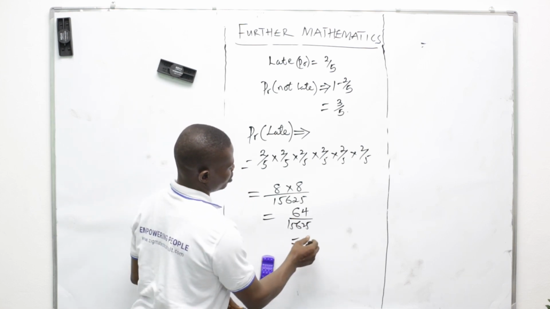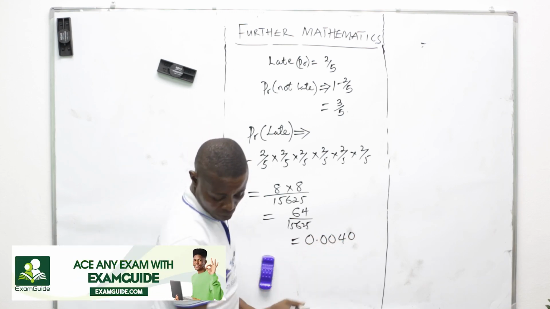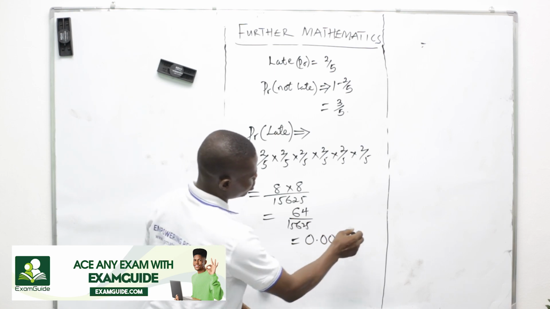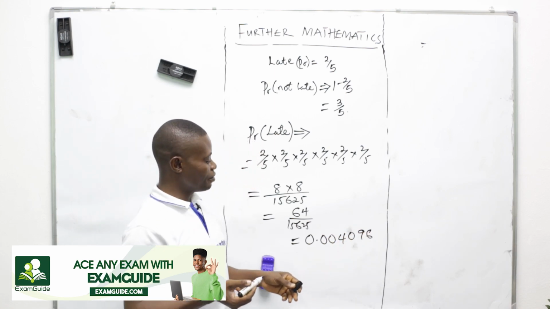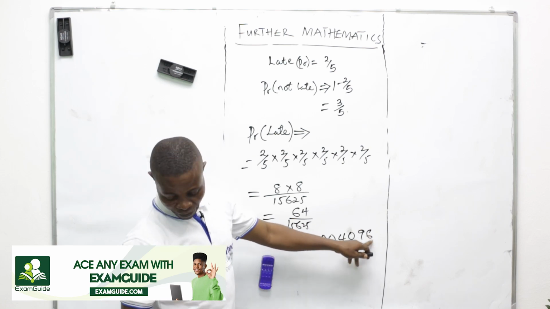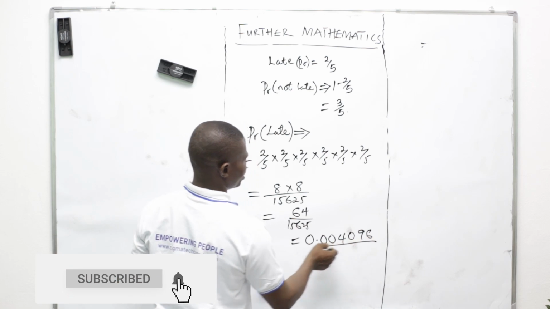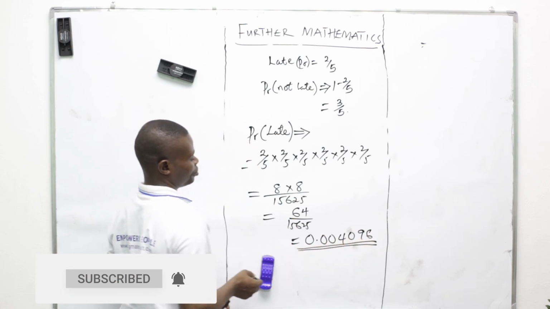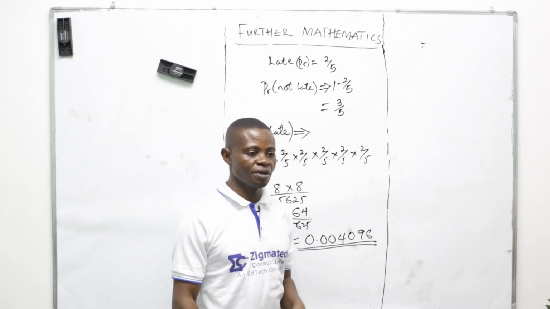That is 0.004096. 4 significant figures, 1, 2, 3, 4. Since we don't have another number, this becomes the answer correct to 4 significant figures.